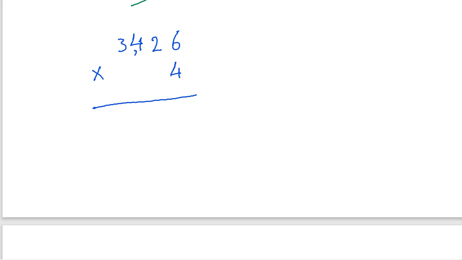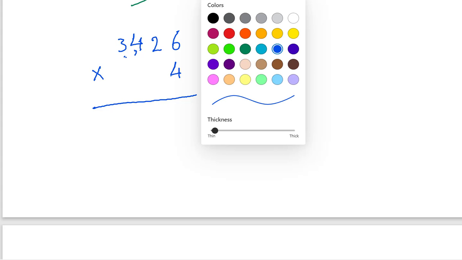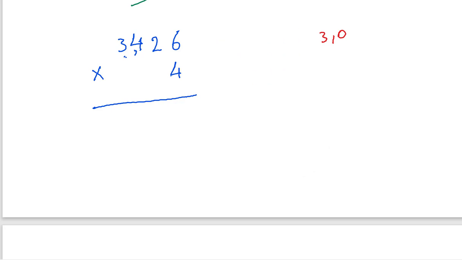Okay, now I will start. The first thing is to round to the nearest greatest place value. So the 3 here will stay 3, so 3000 multiplied by 4.